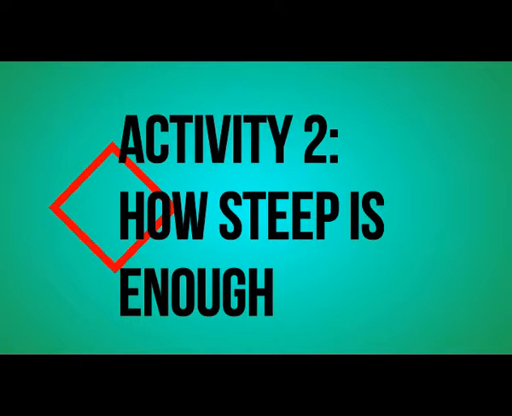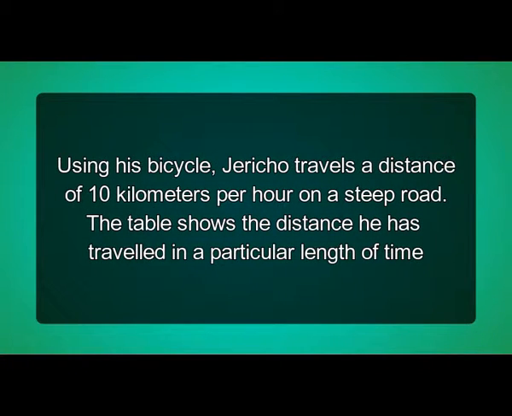Activity number 2. How steep is enough? Using his bicycle, Jericho travels a distance of 10 kilometers per hour on a steep road. The table shows the distance he has traveled at a particular length of time.